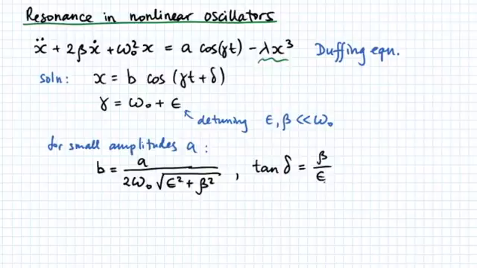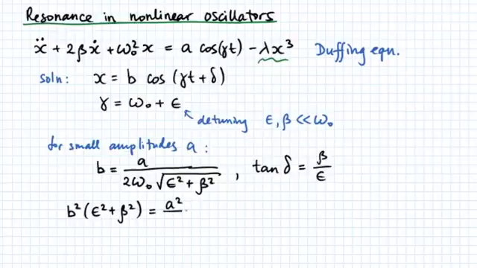What's going to happen as we increase the amplitude of the driving force? Let's rewrite this equation in a slightly different form that relates amplitude B to the driving force amplitude A. We'll write it as B squared times epsilon squared plus beta squared equal to A squared divided by 4 omega naught squared.